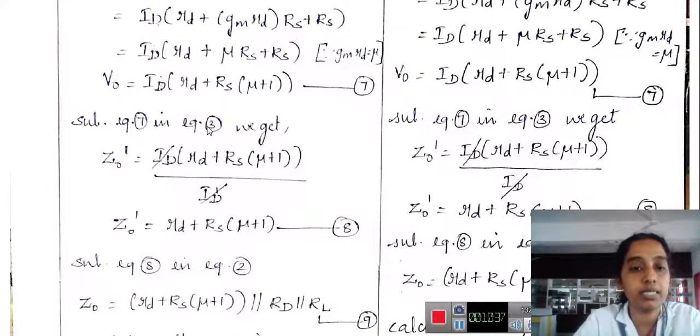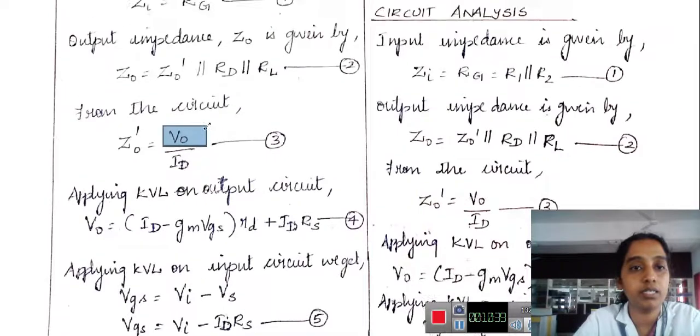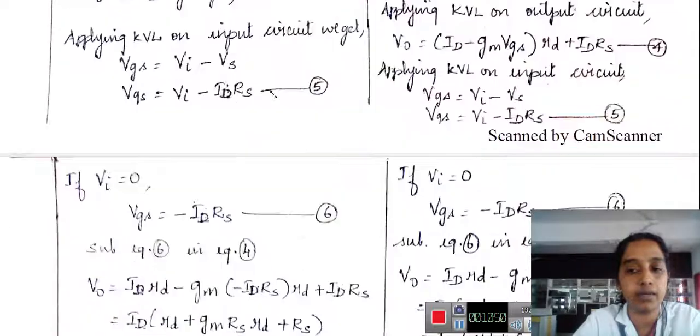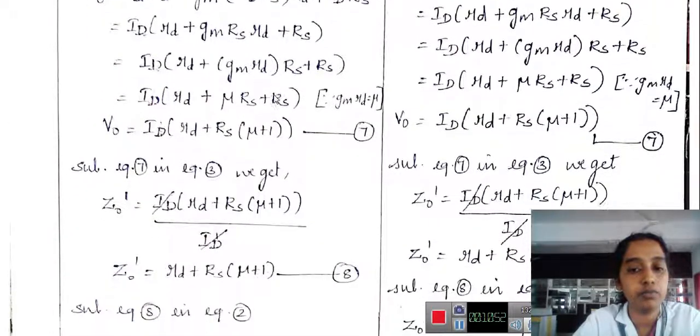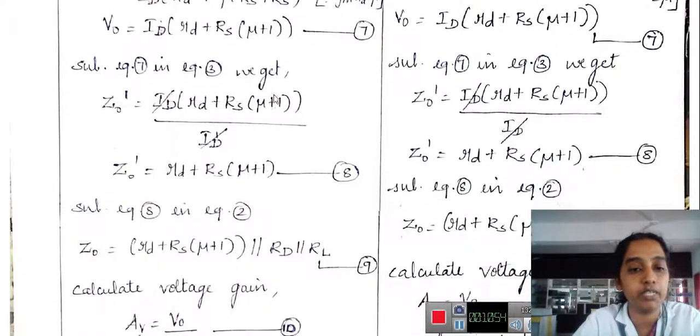So what is Z0? Z0 is Z0 dash. Now I have found the value of Z0 dash. Substitute that value of Z0 dash in parallel with RD in parallel with RL, so we can find the value of Z0.